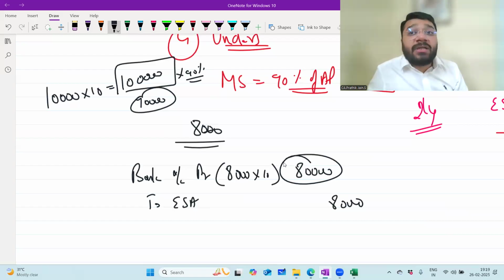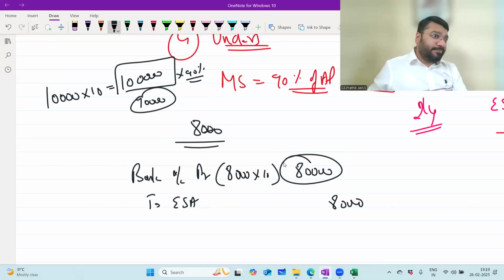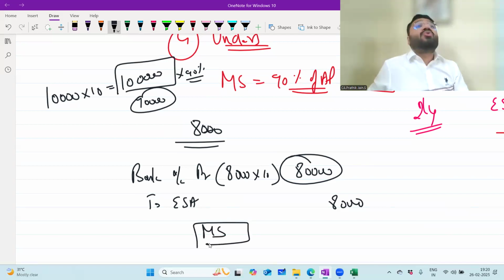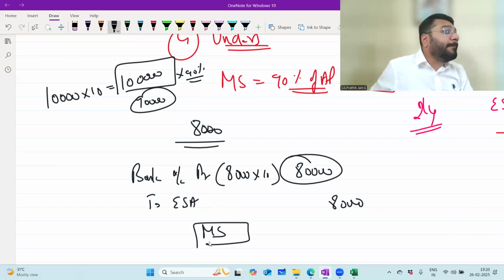Did you receive 90,000? No. Did you satisfy the minimum subscription criteria? No. And hence, can I go ahead with the allotment? The answer is no. If the minimum subscription criteria is not met, you cannot go ahead with your allotment. So I have to refund.